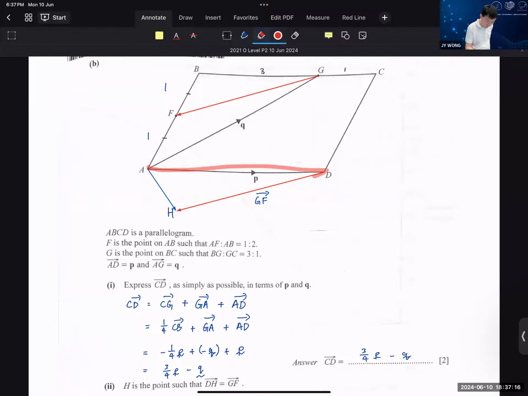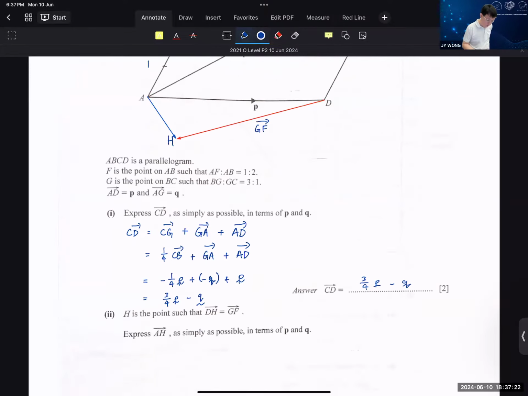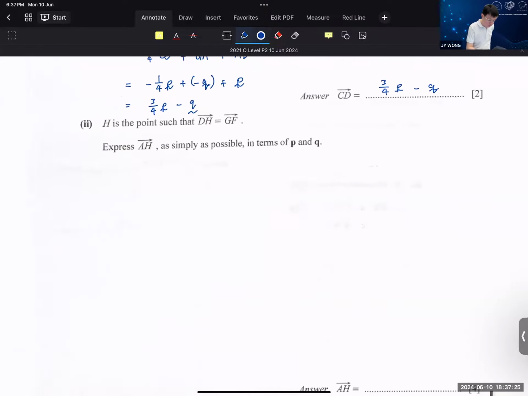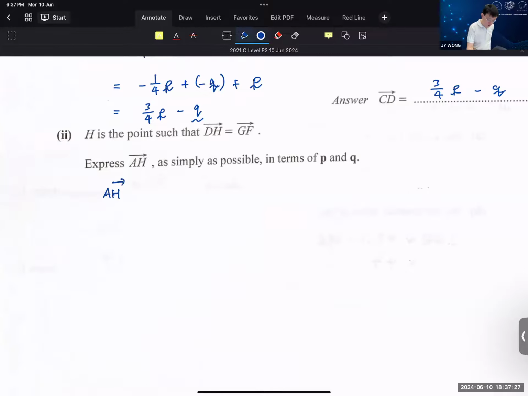Again, you can just go and outline. This is AH, right? So AH is equal to AD plus DH, which would naturally be equal to AD plus GF.